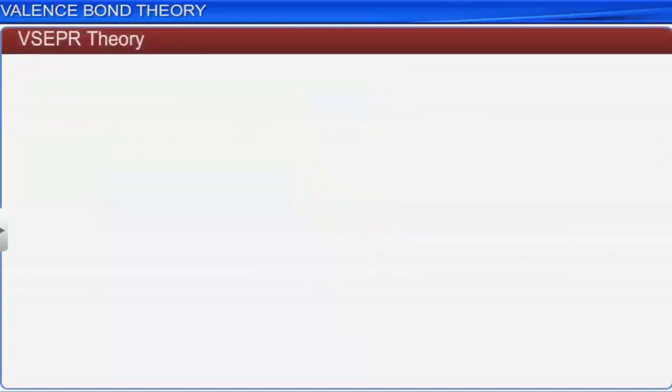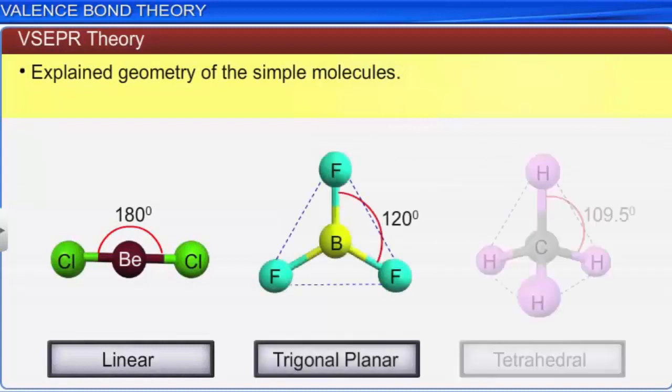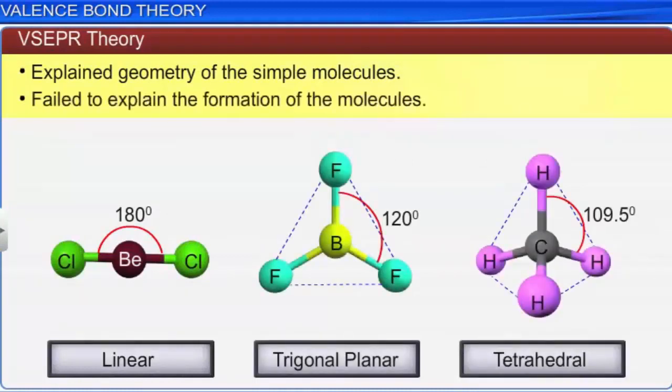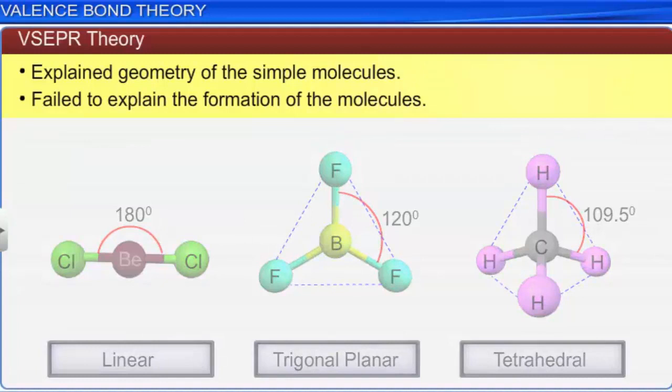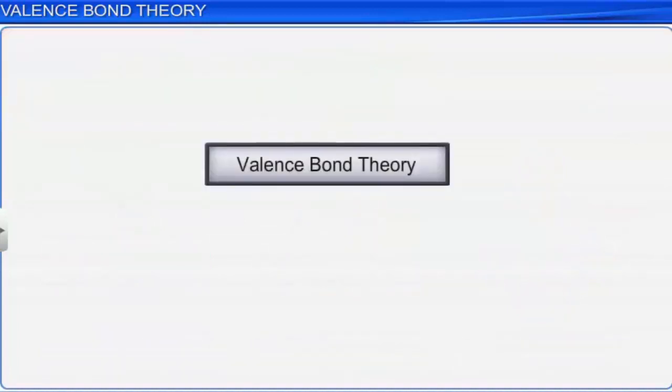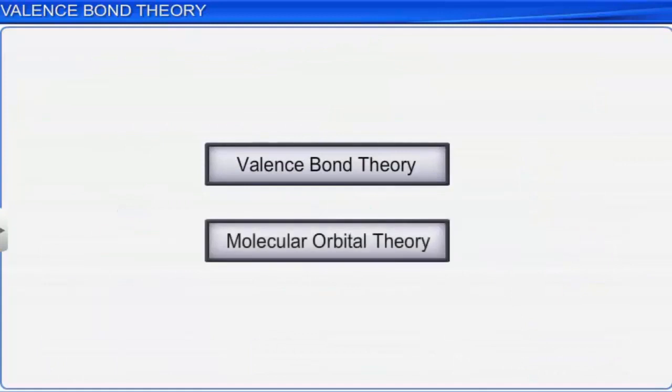The VSEPR theory, on the other hand, gives the geometry of simple molecules but fails to explain their formation. To overcome these limitations, the valence bond theory and the molecular orbital theory, which are based on quantum mechanics, were introduced.